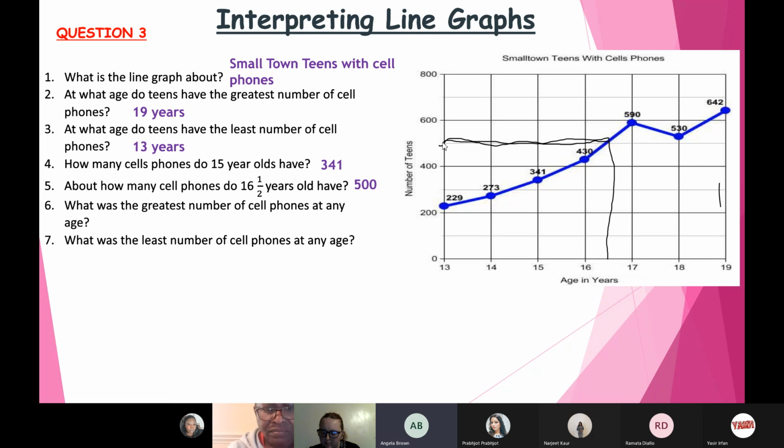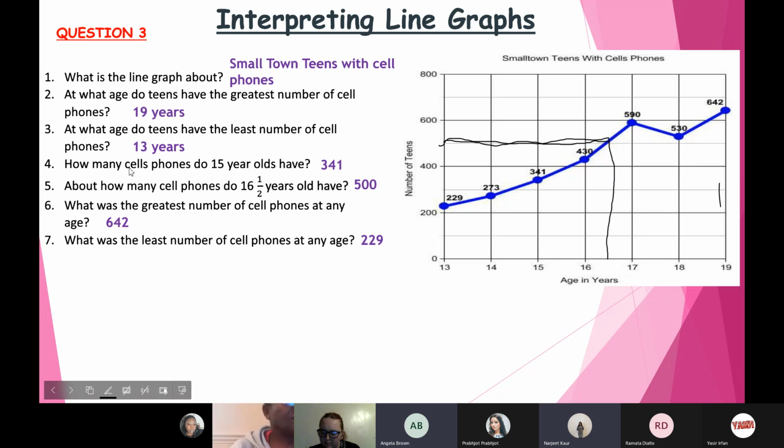And you would see that it's about 500. What was the greatest number of cell phones at any age? 642. So you can see from 19, that's the highest, so it's 642. And what was the least number of cell phones at any age? 229, which was 13.